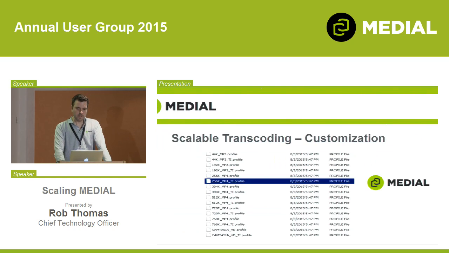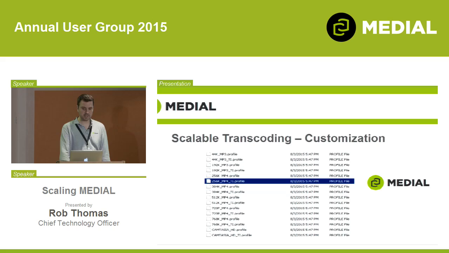As I said before, with the scalable transcoding, you'll notice here, these profile files, some of them say .profile, some of them say _TI profile. What it means is you can have different settings for the transcoding instance as for the one in the middle.